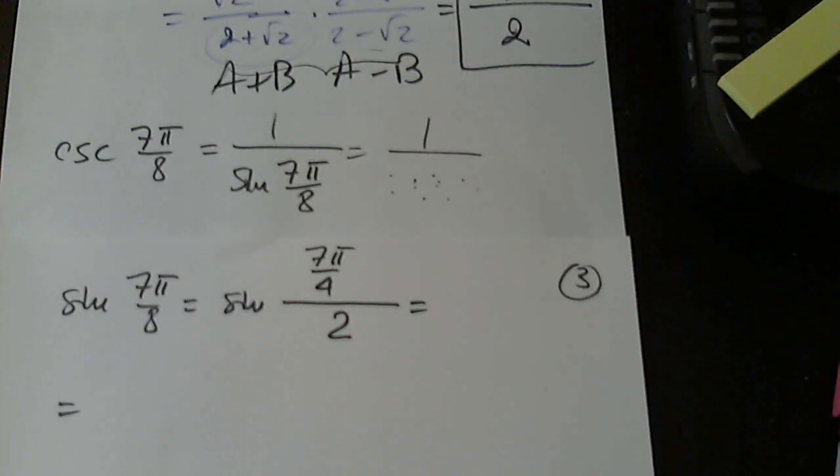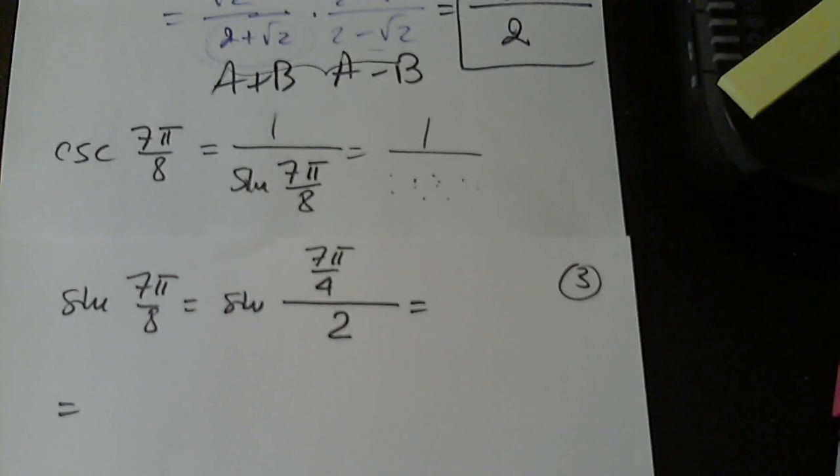So for sine alpha over 2, I have the plus or minus. It depends on the quadrant of alpha over 2, of this angle, which is 7 pi over 8. If it's an angle in the first or the second quadrant, sine will be positive.